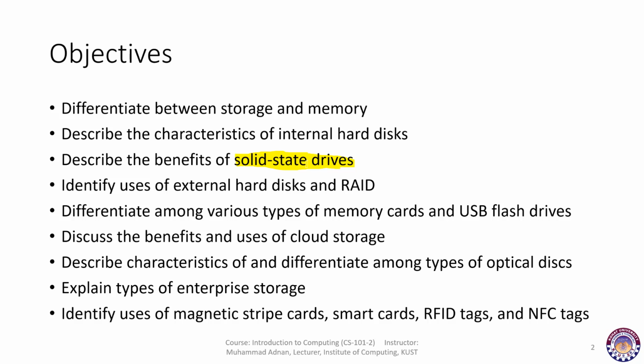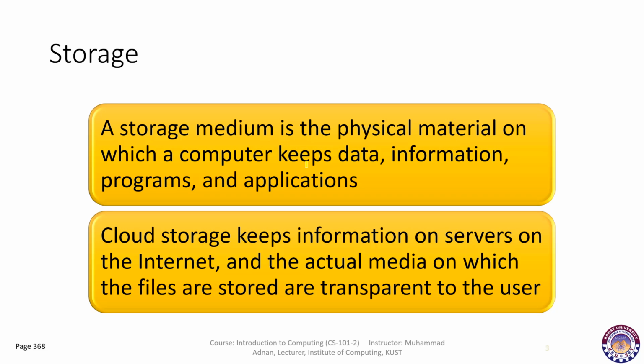And in the last, inshallah, we are going to explain the types of enterprise storage. We are going to identify the use of magnetic strips, cards, smart cards, RFID tags, and NFC tags. So with that, let us move straight to the lecture and start the lecture formally.